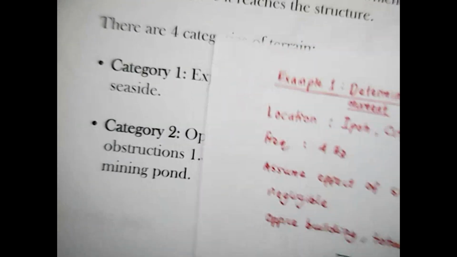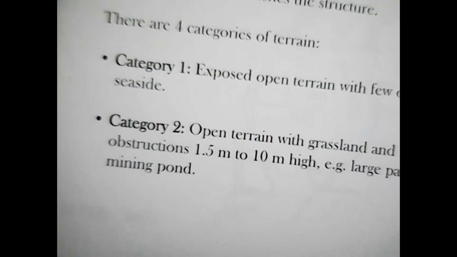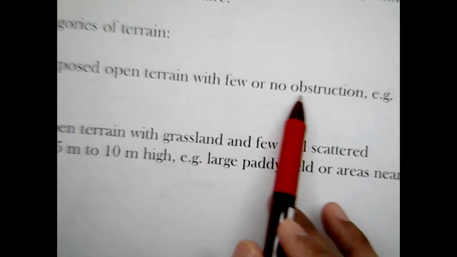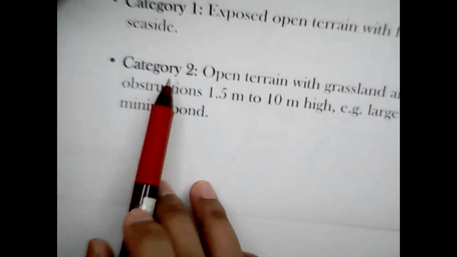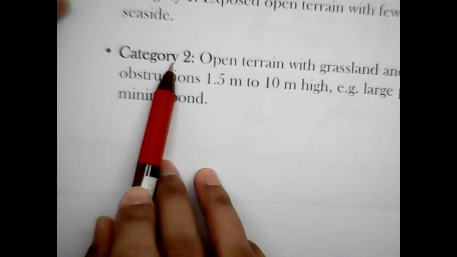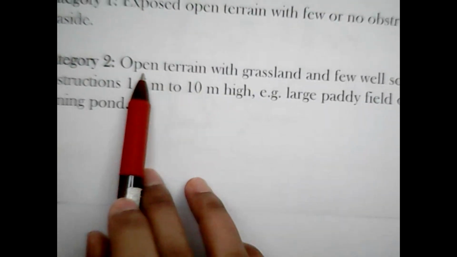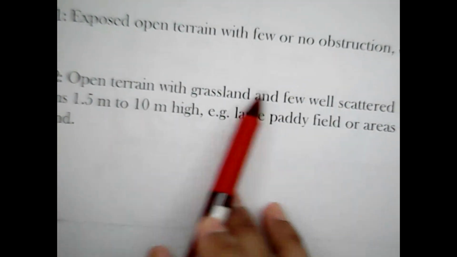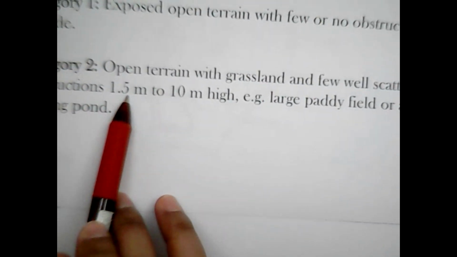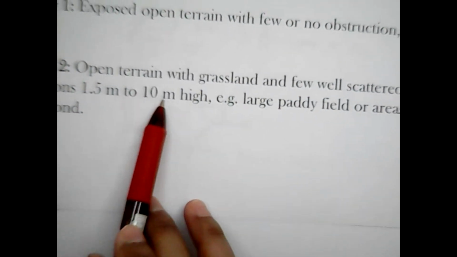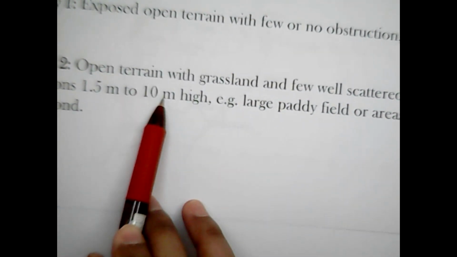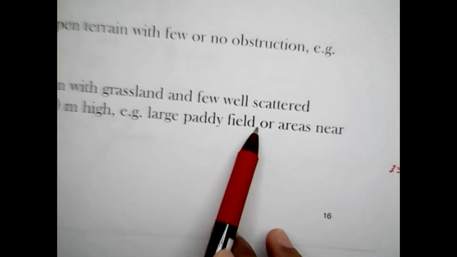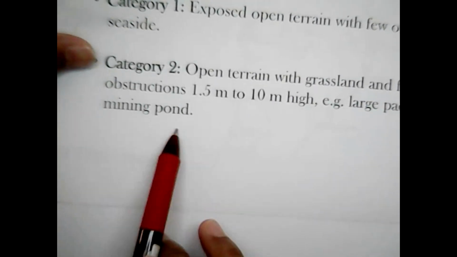So in that particular case, you need to take category 1, which is open terrain, no obstructions. And if you look at category 2, which is open terrain with grassland and few well scattered obstructions, 1.5 meter to 10 meter height, and these can be examples like large paddy fields or areas near a mining pond.